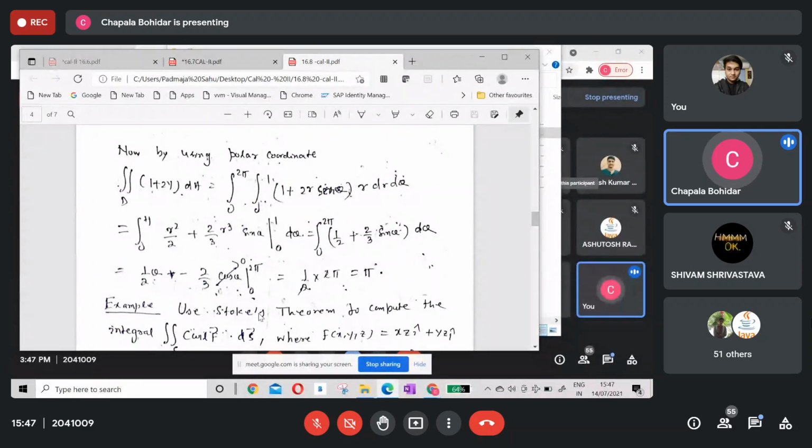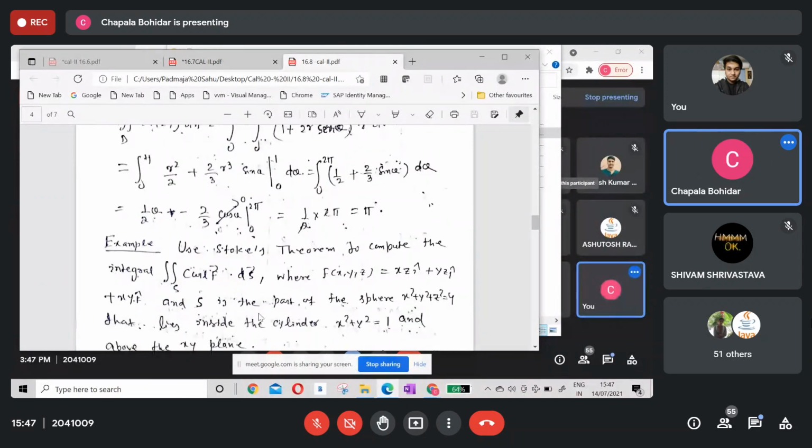Now here it is given that use this example. Use Stokes theorem to compute the integral double integration curl of F dS, where F of x, y, z is xz i cap, yz j cap, and xy k cap.